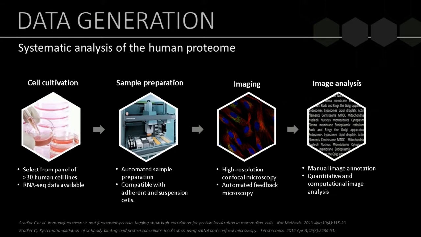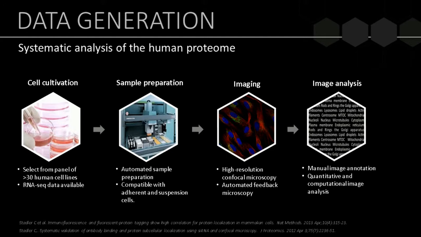We've been working on this for over 10 years, and we have established a robust platform so that we can generate data in a systematic way. And this platform starts with cell cultivation. All proteins are localized in the U2OS osteosarcoma cell line, and then we pick 2 other cell lines based on a panel of cell lines, and we do this selection based on RNA-seq data.